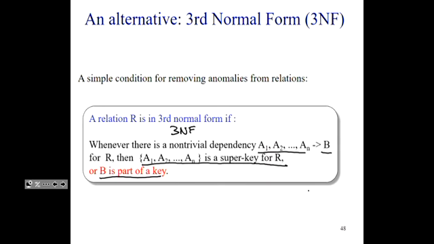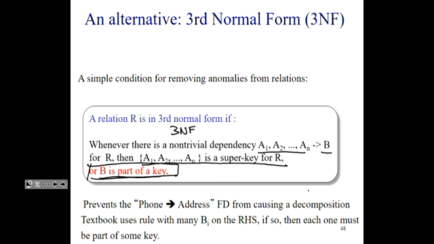Okay, so there's a new added OR clause which basically says if B is part of a key, then you don't need to worry about it. You don't need to decompose further. Okay, so in some sense this is more tolerant than BCNF, and so it will decompose less. It will stop decomposing earlier.